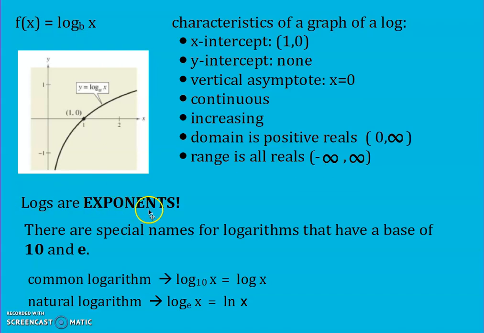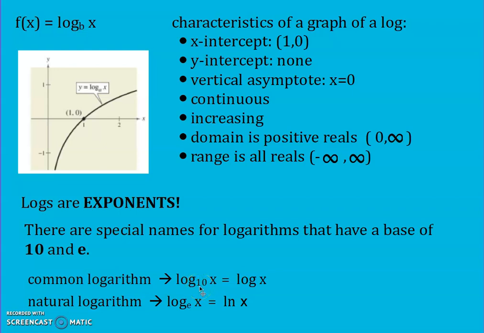So logs are exponents. There are special names for logarithms that have a base of 10 and a base of e. A common logarithm has a base of 10. So if you have log base 10 of x, that's what we call a common logarithm, and we usually don't write that base of 10.